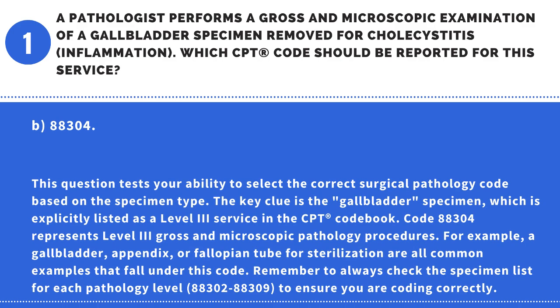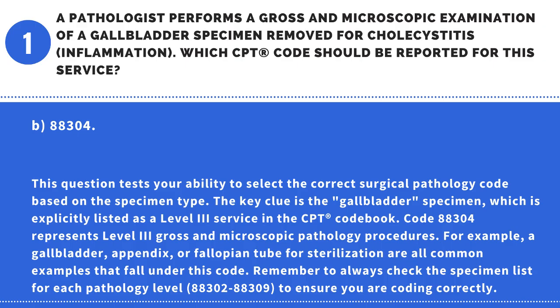Answer: B. 88304. This question tests your ability to select the correct surgical pathology code based on the specimen type. The key clue is the gallbladder specimen, which is explicitly listed as a Level 3 service in the CPT codebook. Code 88304 represents Level 3 gross and microscopic pathology procedures.